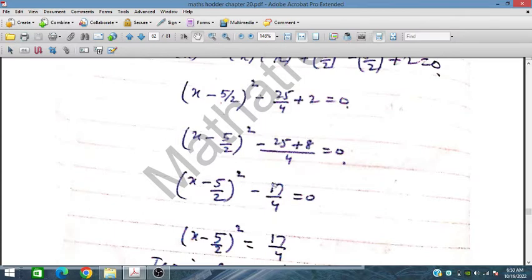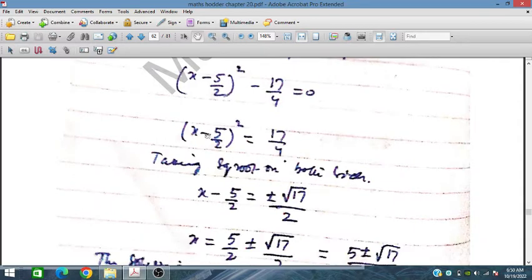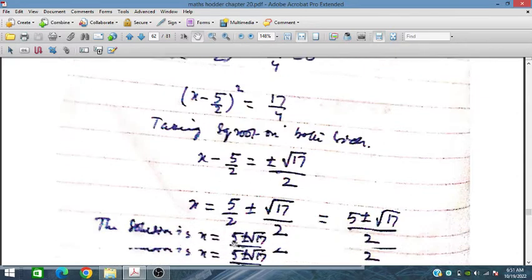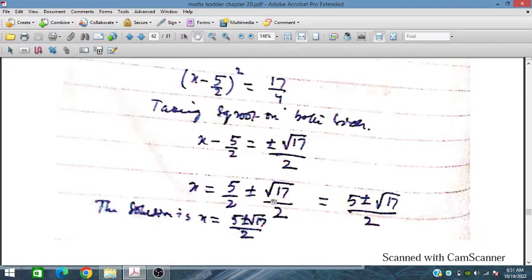So this 17 by 4 may be placed on the right hand side: x minus 5 upon 2 whole square is equal to 17 by 4. Taking the square root on both sides, this becomes plus minus under root 17 divided by 2. We place 5 upon 2 on the right hand side: 5 upon 2 plus minus under root 17 upon 2.